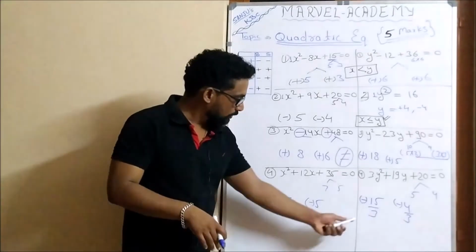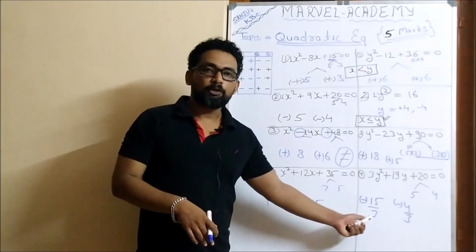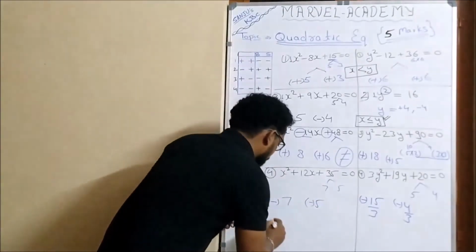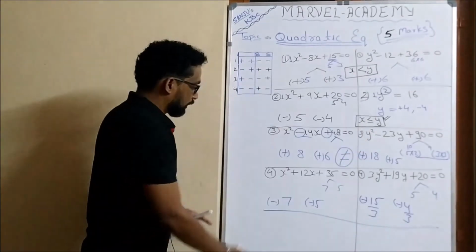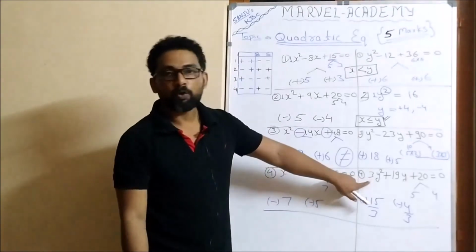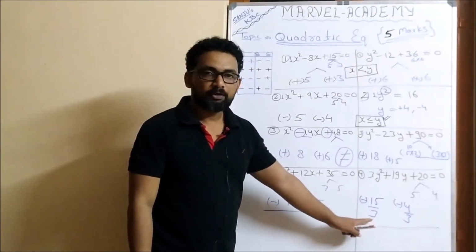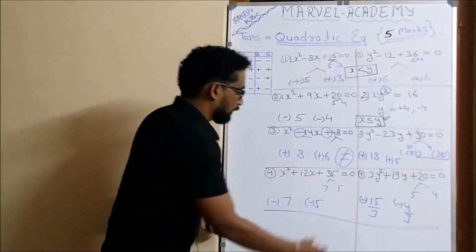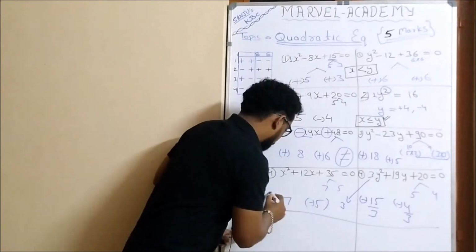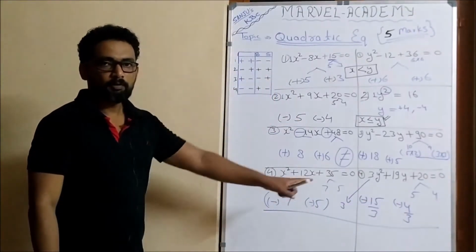Remember one thing, instead of dividing the value, we can do another method. What is that? Here the coefficient value is 1 and here the coefficient value is 3. Instead of dividing, we can do cross multiplication, that is 3 over here and 1 over there.